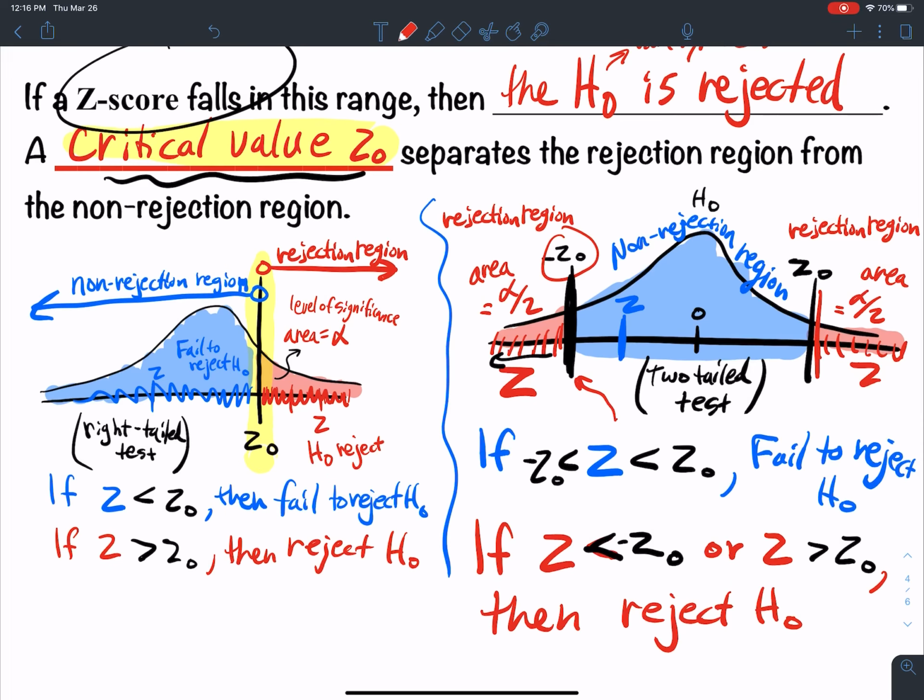If you made a really small alpha and you hit alpha right on the head, which is almost impossible to do, I'd probably say, yeah, there's probably enough information to reject it, okay? So it's really more of a judgment call there, but in your problems, you're going to be clearly in one region or the other region. It's not going to be right on the critical value, okay? Because that's what separates the two regions.